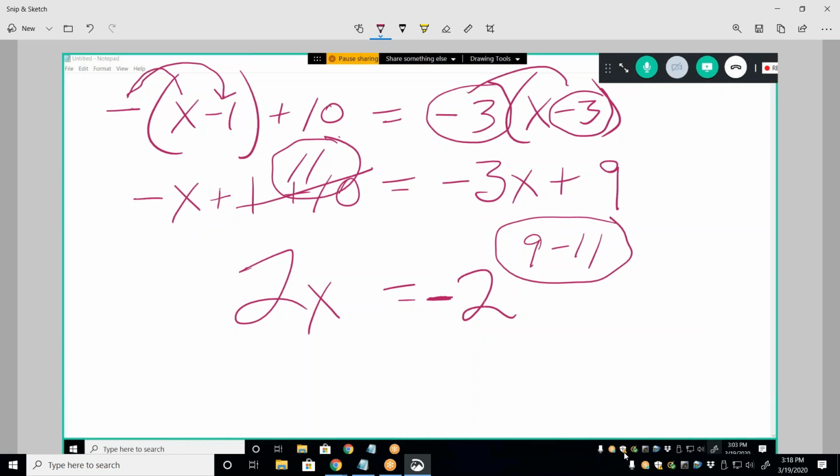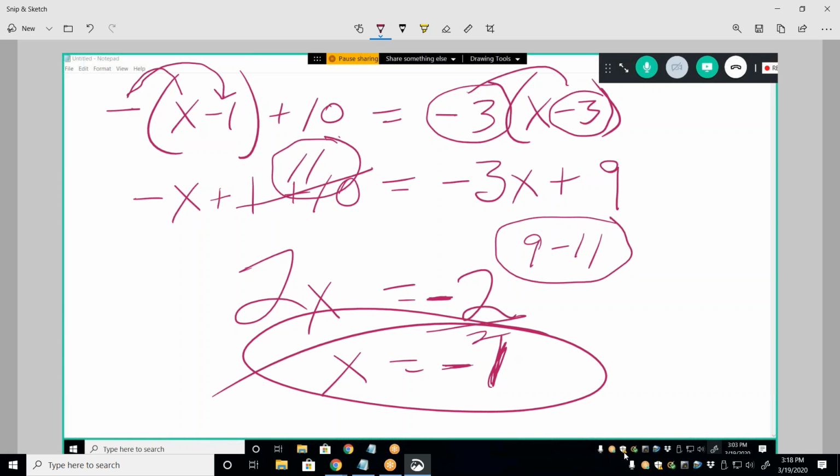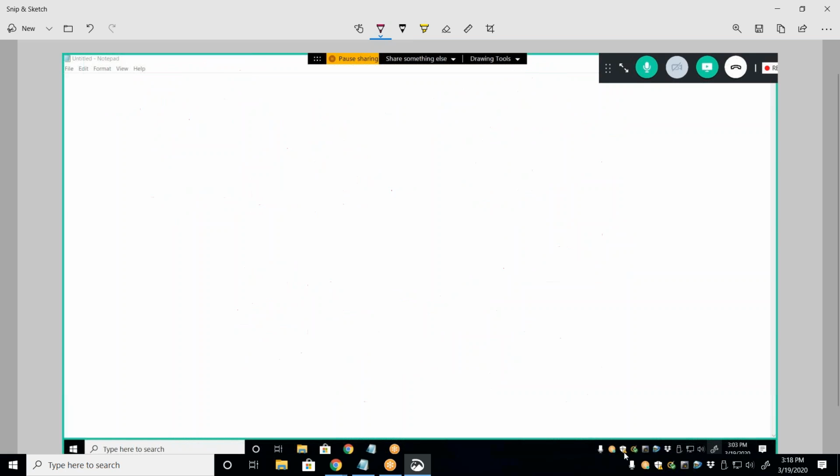Finally, final answer. x equals negative 1. Because I've got a negative 2 being divided by a positive 2. Okay. Let's go on.